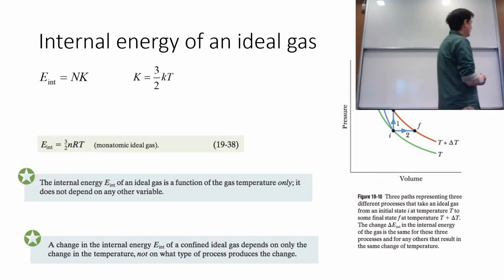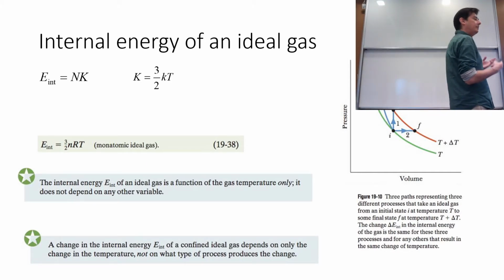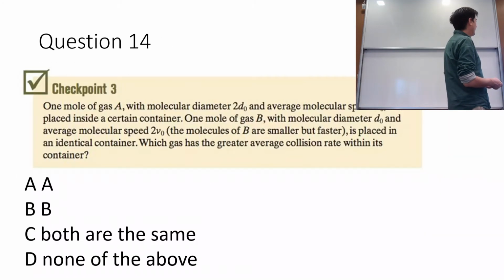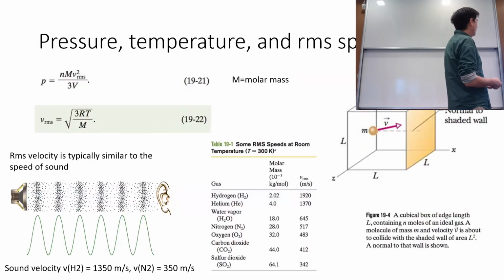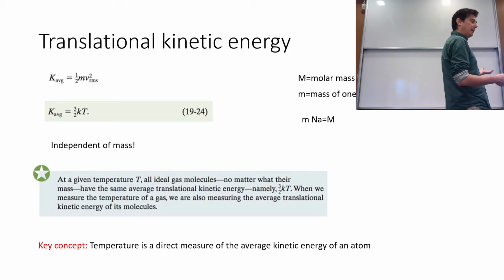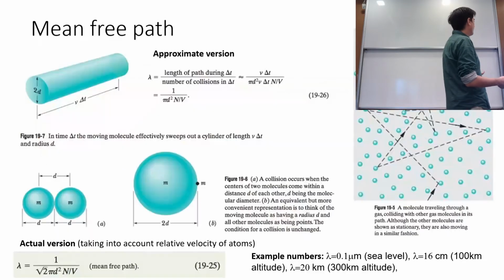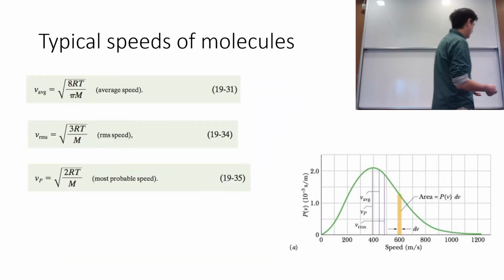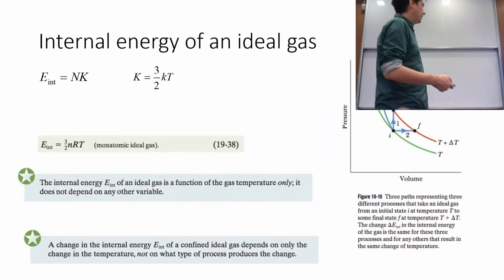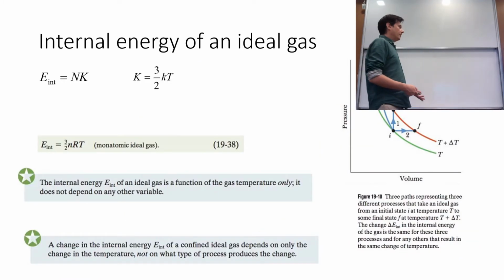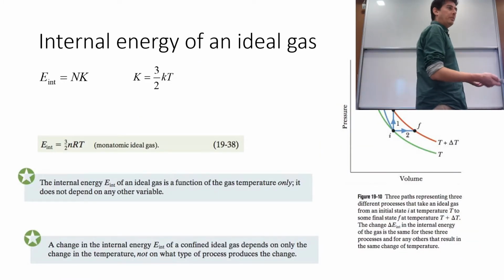So we could deduce a lot of things just from this early calculation. Trying to derive the velocity gave us energy, and the kinetic energy of one atom gave us the internal energy of the gas.